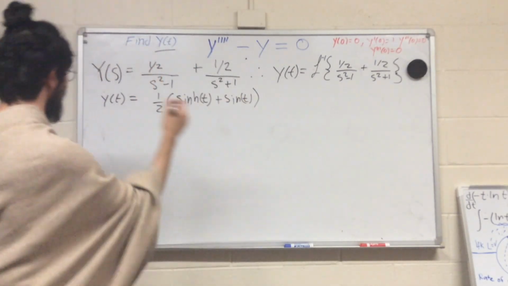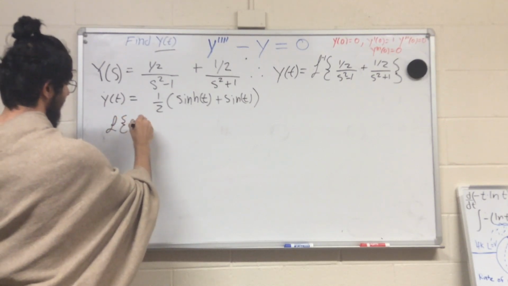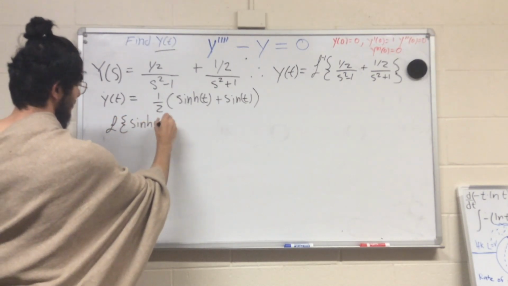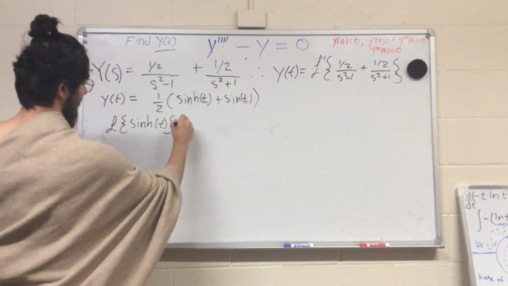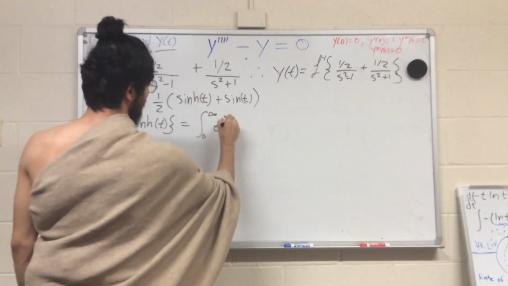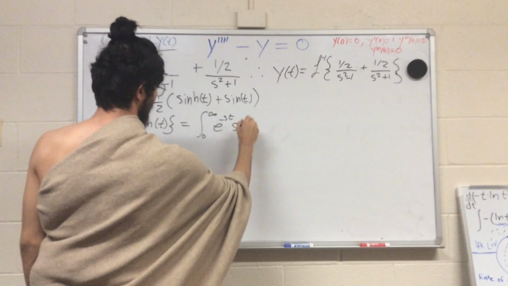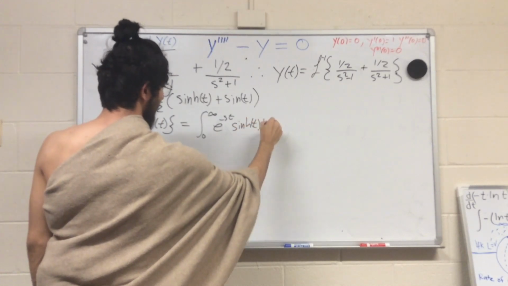So if we take the Laplace transform of sinh of t, we have to take the integral from 0 to infinity of e to the minus st times sinh of t dt.